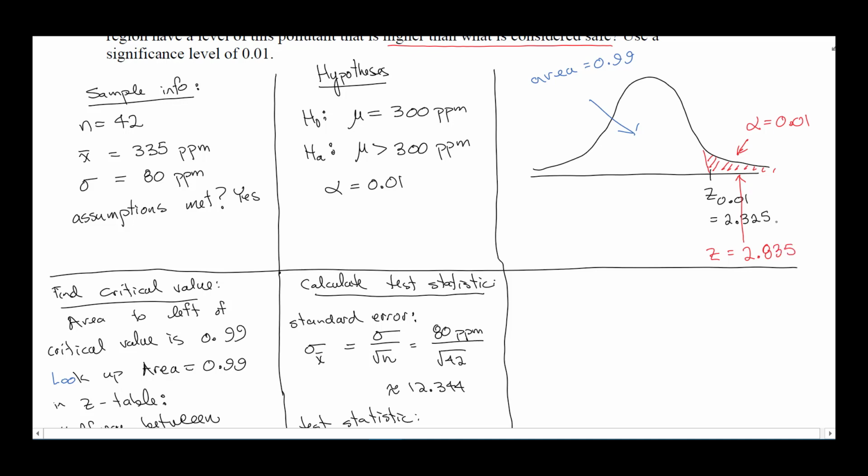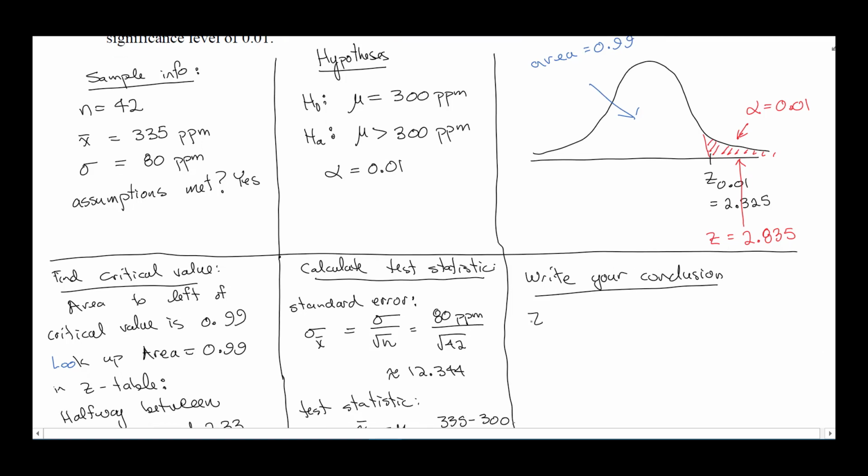So that is in the rejection region. Okay, so that z equals 2.835. That's in the rejection region.